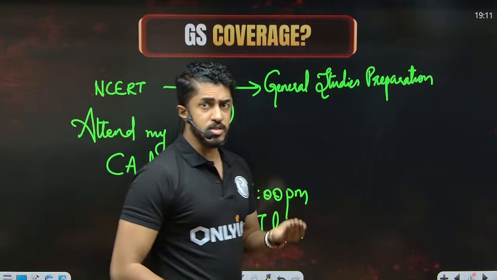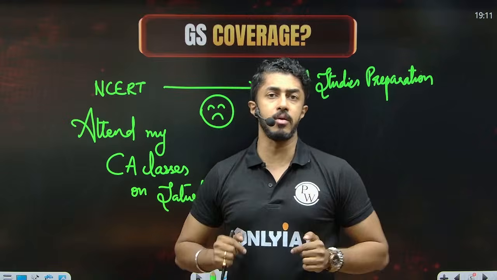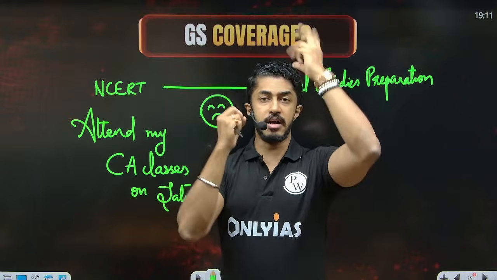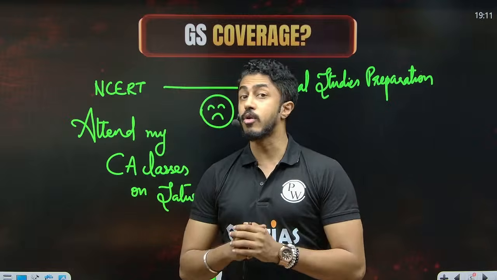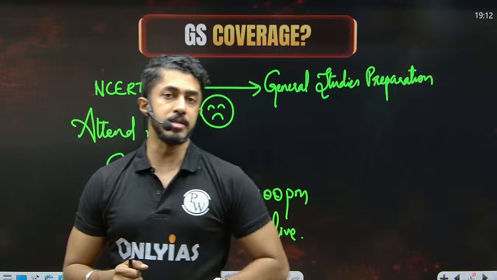Along with your basics of NCERTs, when you're getting exposed to the events that are happening around you, it will start firing different parts of your neurons. It will start giving you the exposure to the GS syllabus.